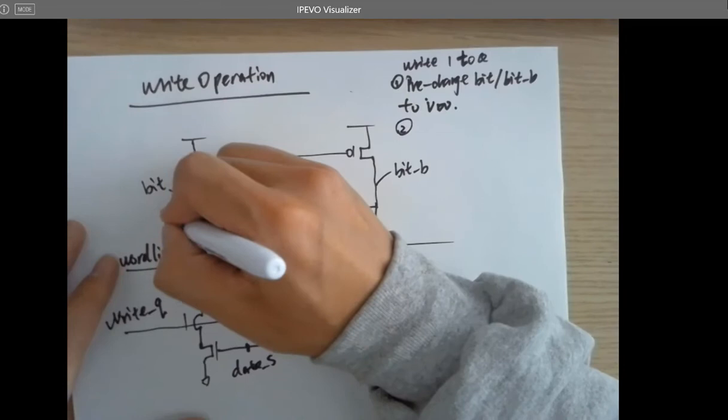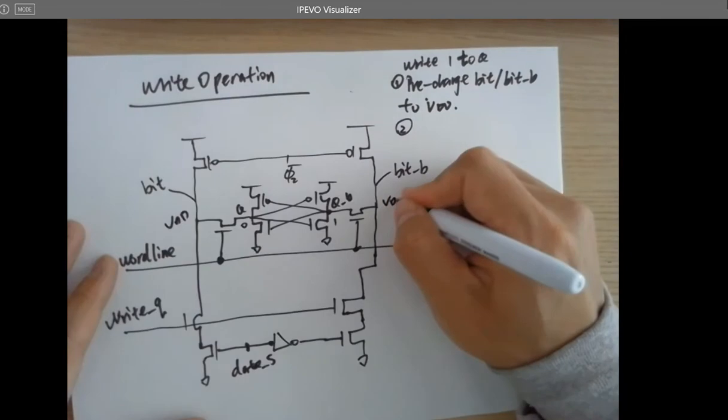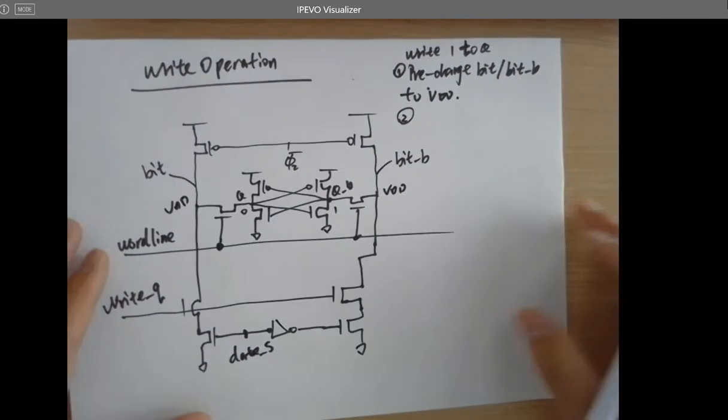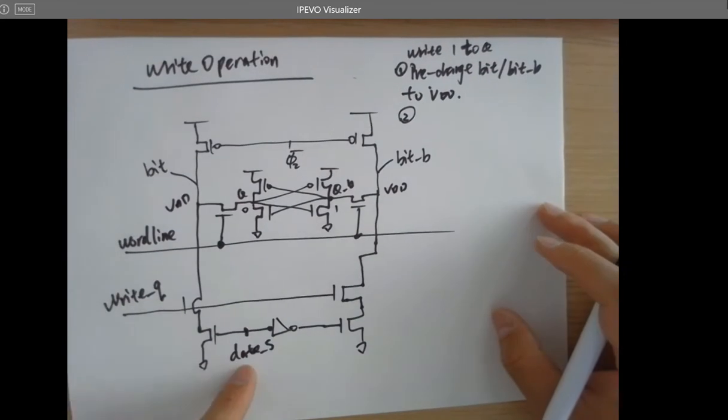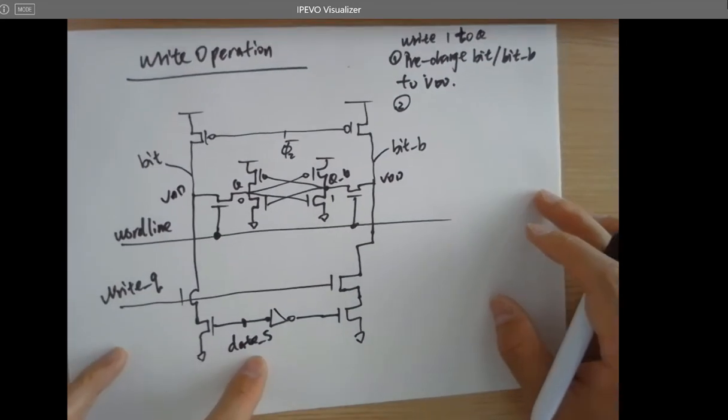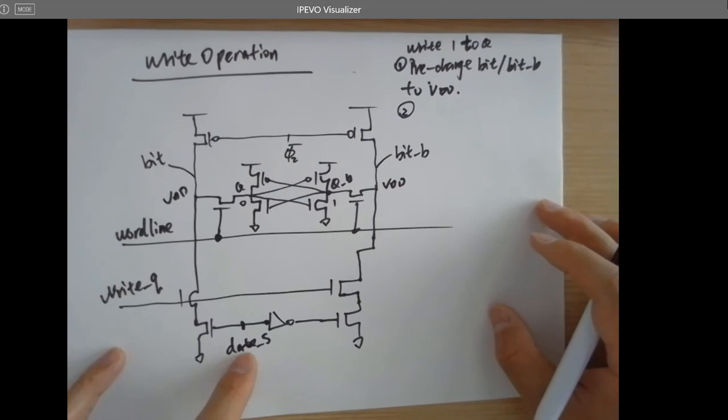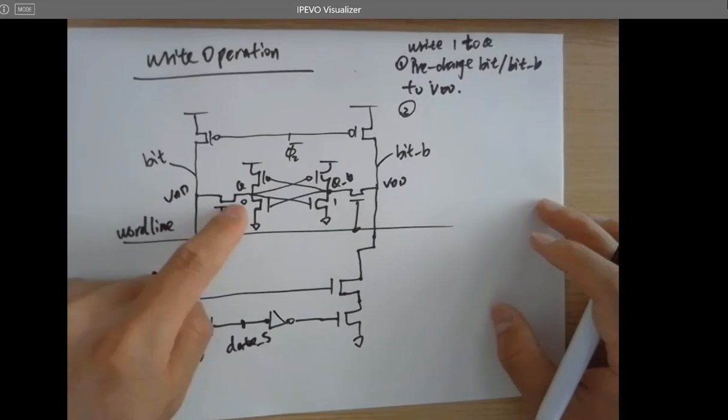And it becomes VDD, for example. So if I want to write a 1 to Q, what kind of voltage level should I give to this line? I'm trying to write a 1 to Q.